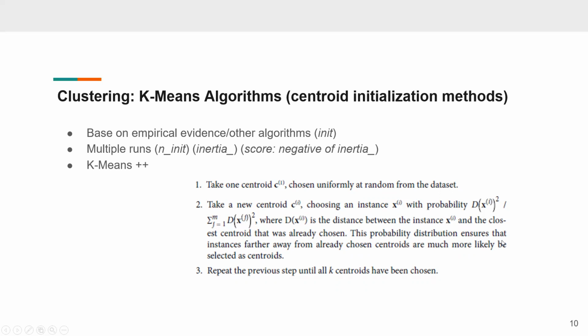This probability distribution ensures that instances farther away from an already chosen centroid are much more likely to be selected as a centroid. So you choose an instance with a probability as a new centroid so that you don't put two centroids too near. That's the idea. And then you repeat the previous step until all k centroids have been chosen. This is called k-means plus plus.